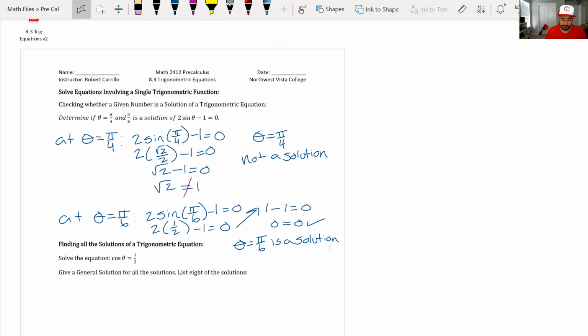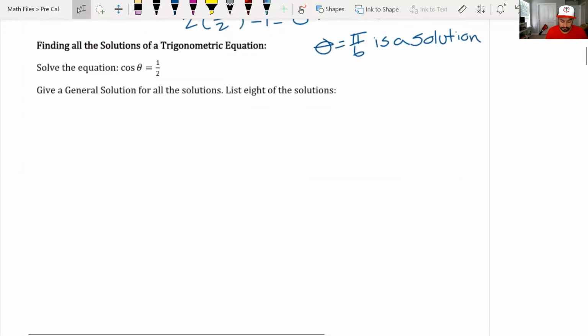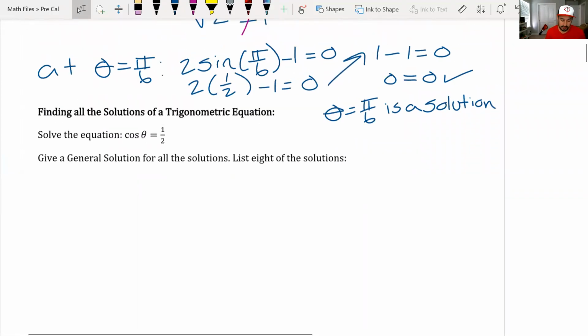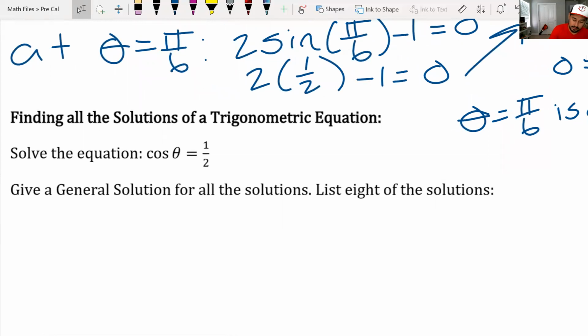Okay, next. Solve the equation cosine theta equals 1/2. Give a general solution for all the solutions and list 8 of the solutions. Okay, so we are going to make the general solution.